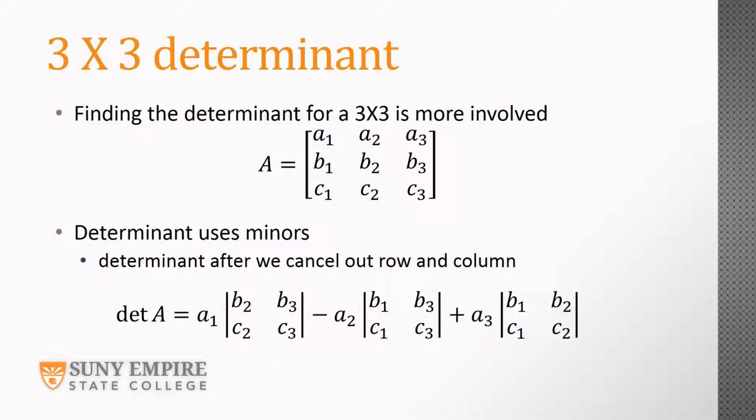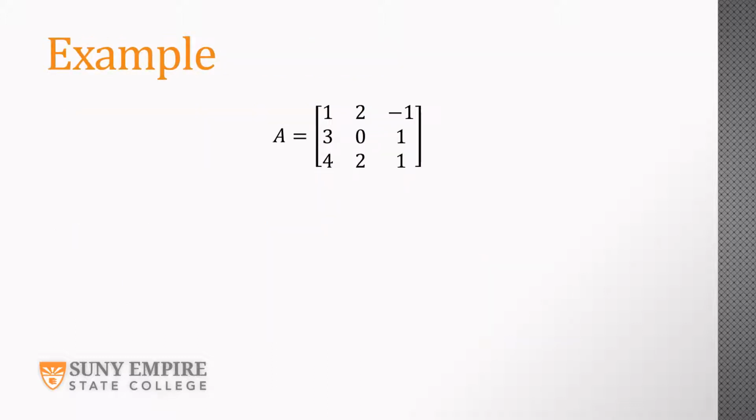Let's look at an example. Suppose we have matrix A equal to 1, 2, and negative 1, then 3, 0, and 1, then 4, 2, and 1. We want to find the determinant of matrix A. To find this determinant, we work across the top row, finding minors.